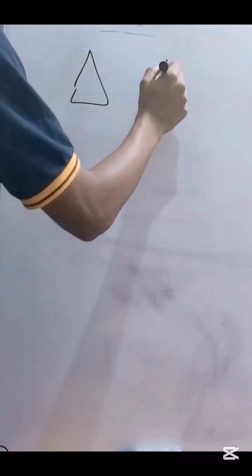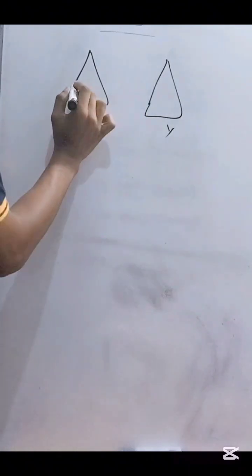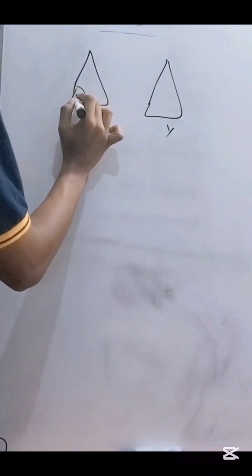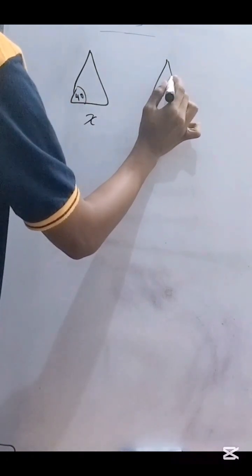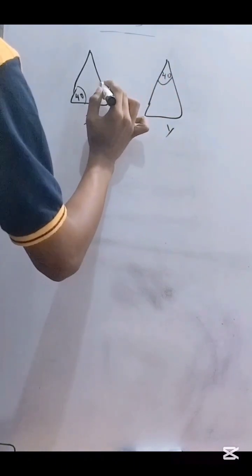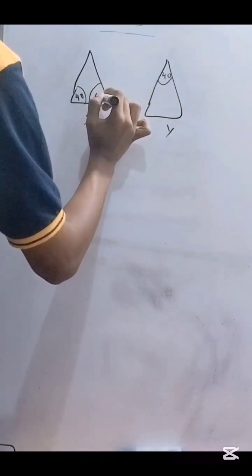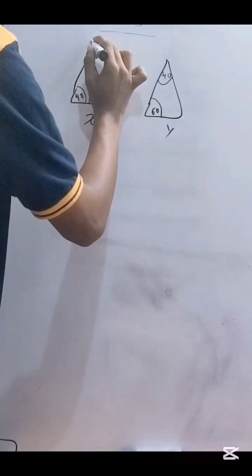Case number 3, angle, angle, side. To prove this, what do we do? First, let's draw two triangles, X and Y, with an angle of 40 and the same angle of 40 here, and an angle of 60 and 60 here.